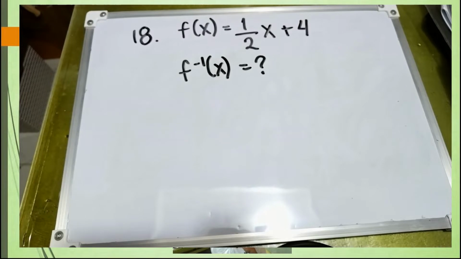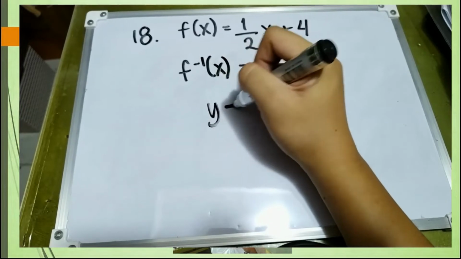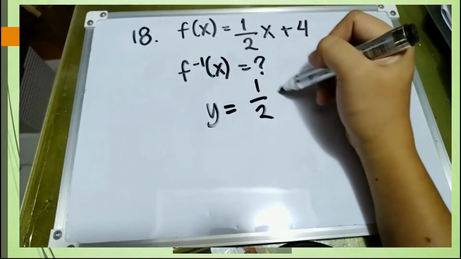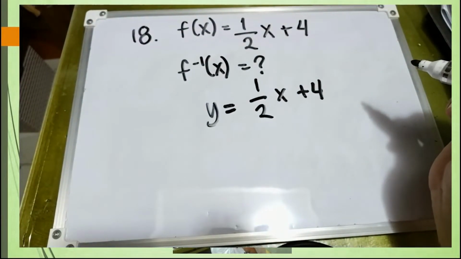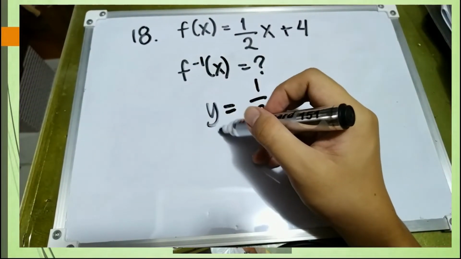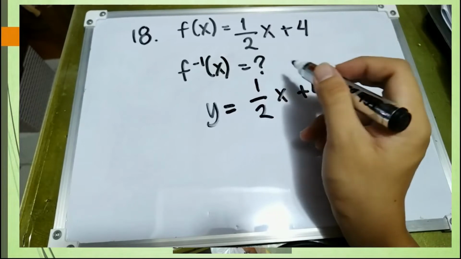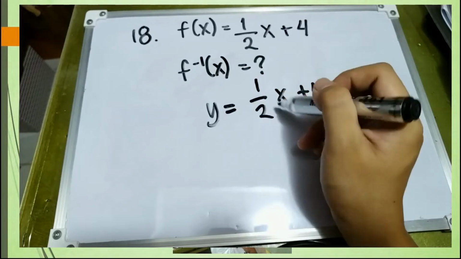So number 18, f of x is equal to 1/2 x plus 4. So f inverse of x is equal to, so first, we shall transform f of x to y. So y is equal to 1/2 x plus 4. After that, we're going to interchange the x and y variables.